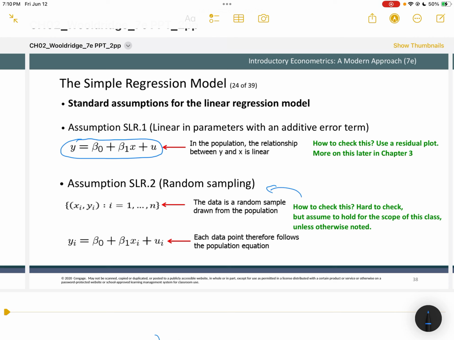Now, how do you check for linearity in parameters with an additive error for this econometric model? The way we check is by using a residual plot, and we'll jump into that in chapter 3. In your residual plot, we don't want to see any curves or any curvature.